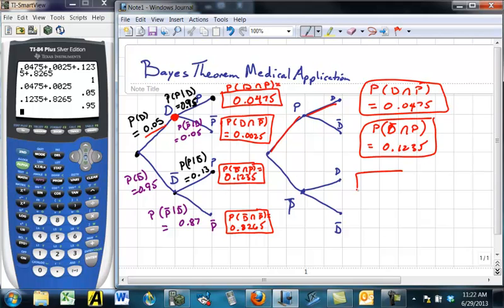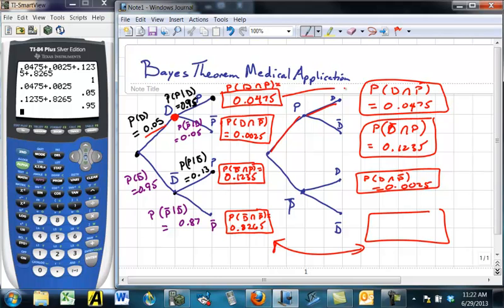And this one is here, probability of D and not P, and that was 0.0025. And finally, this one at the end, see, these are the same, these kind of switch, they kind of flop in the middle. Not D and not P, that's 0.8265.